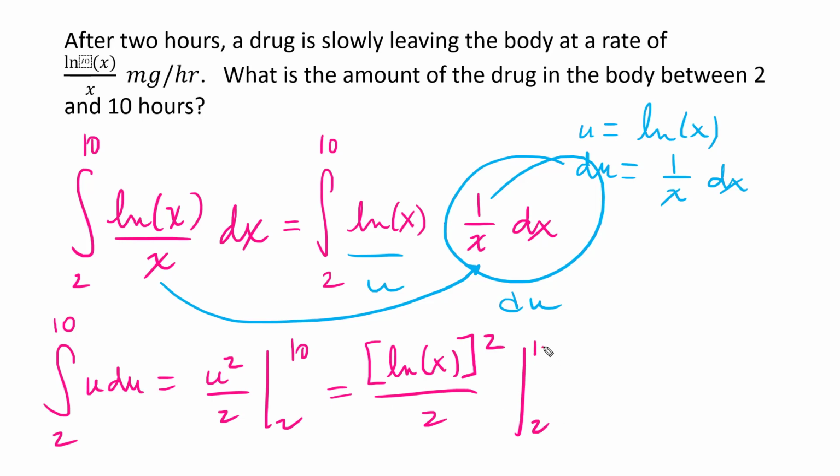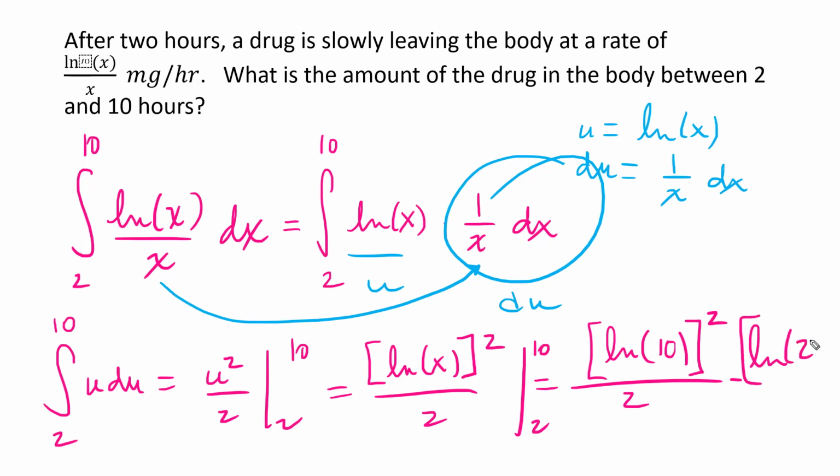And then finally do my f of b minus f of a, ln of 10 squared minus ln of 2 squared. And I throw that in a calculator, and somewhere I get 2.41072, and this is milligrams. So that's the first two questions.